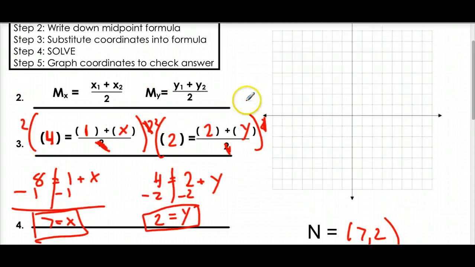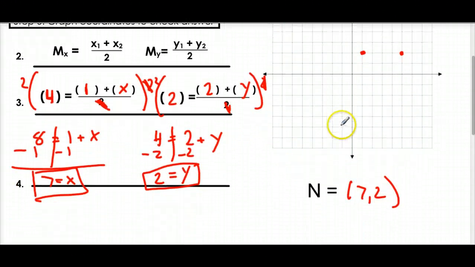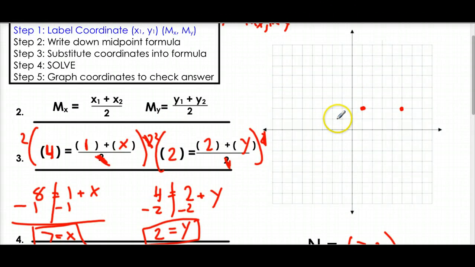Well, let's graph it. I think graphing is a good way to check things out and see if you got it. So we know M is 1, 2, and we know Q, which is our midpoint, is 4, 2. So 1, 2, 3, 4, and it's up 2. We want to find the other endpoint.